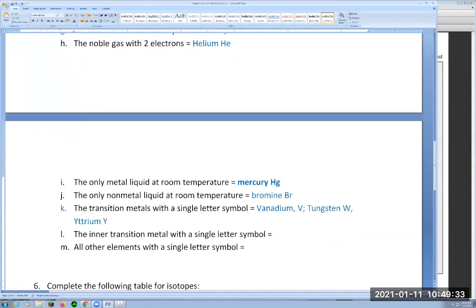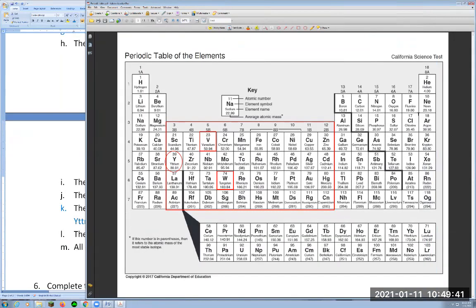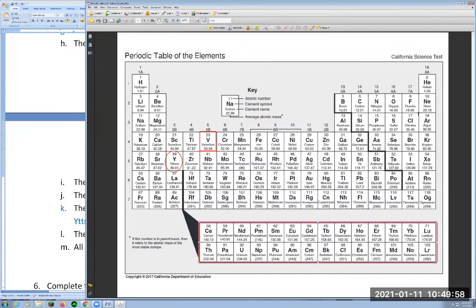The inner transition metals with a single letter symbol. So where are the inner transition metals? That's another name for a group of metals. The inner transition metals are here. They are the 2 rows at the bottom of the periodic table that are taken from period 6 and 7.